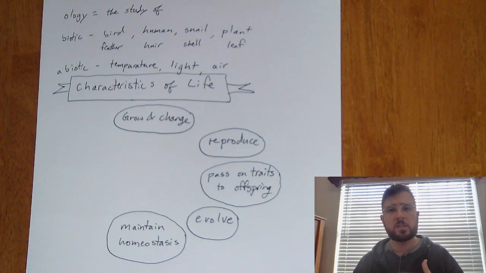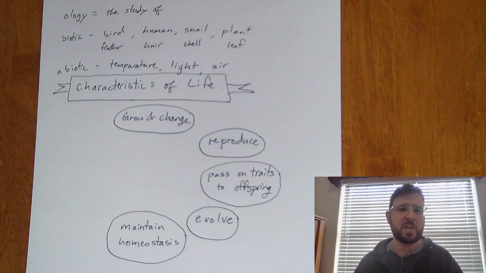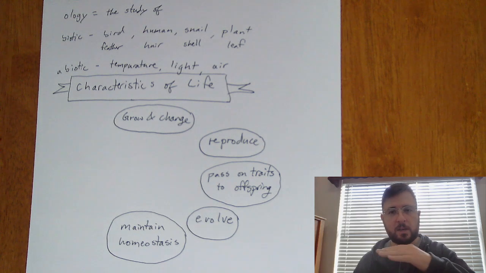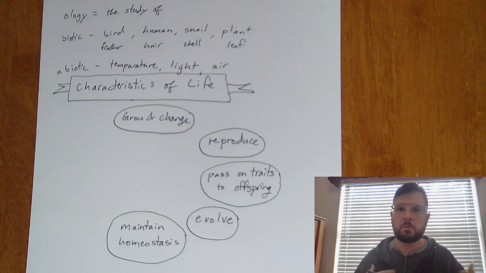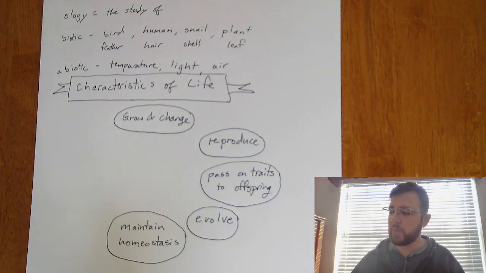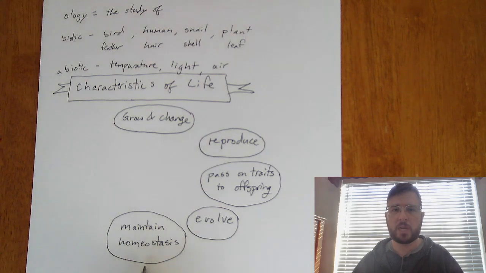All of these different parts of what it means to stay alive, you are constantly monitoring and keeping at the same level. You're keeping your same internal state different from the world around you. The world can get hotter or colder, but you maintain that same temperature. So that's what we mean when we say maintain homeostasis. You're keeping that same internal state.